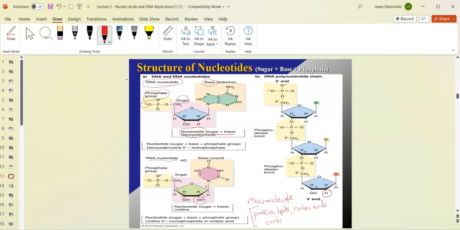These are all considered biologically relevant macromolecules. And so if you want to make a macromolecule like DNA, you have to do what's called a dehydration reaction.